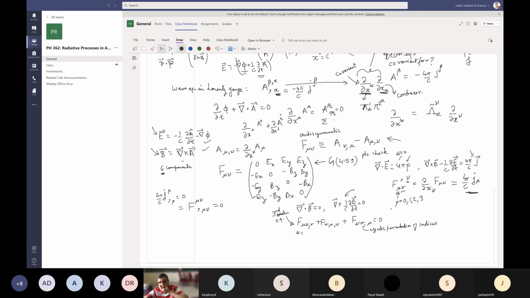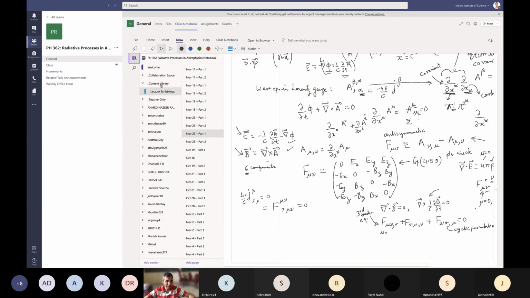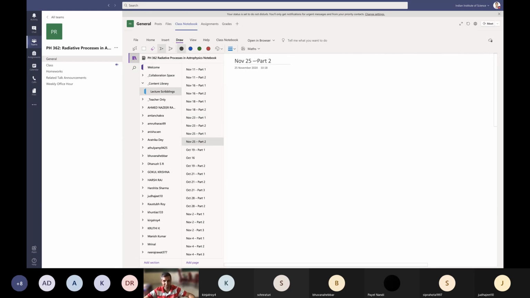Okay, so this is just a little bit of a flavor of the mathematics of tensors and special relativity. But as I said, we are not really doing the mathematics of special relativity.